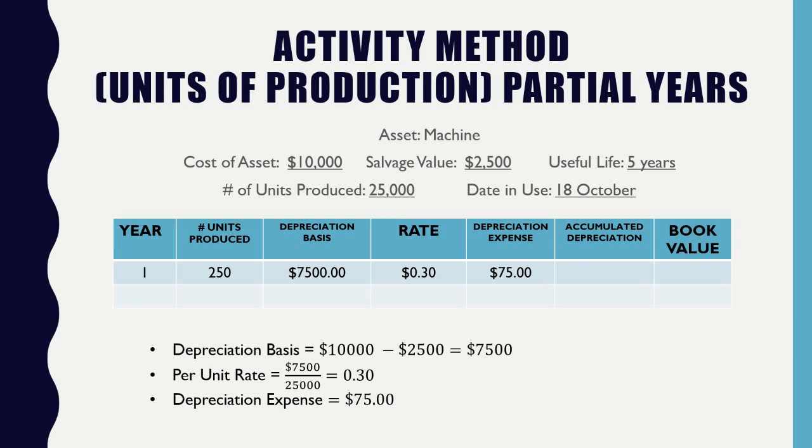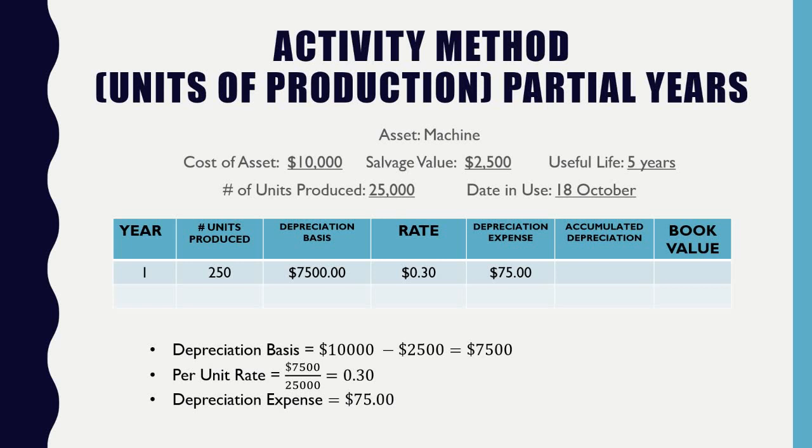So that means every year you should produce at least 5,000. In this case, it's already predetermined that your asset's not 1 year old. It's only 2 months old. So out of the 2 months, you only produced 250 units.